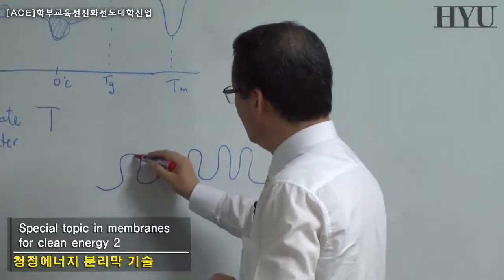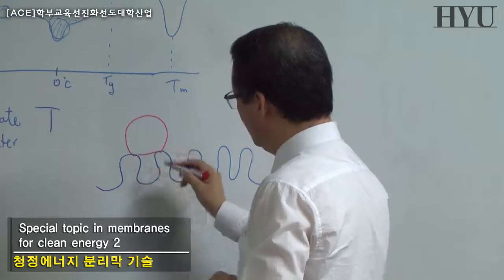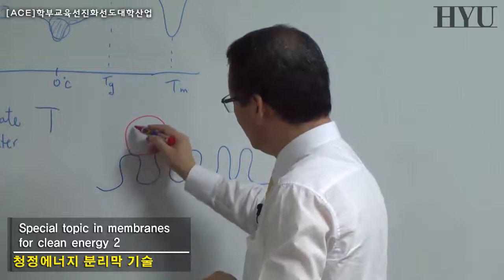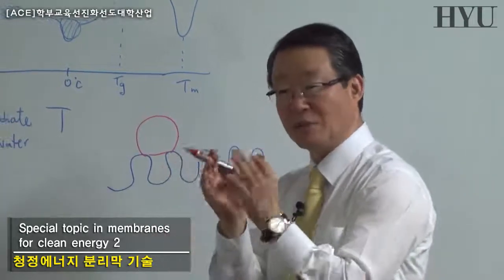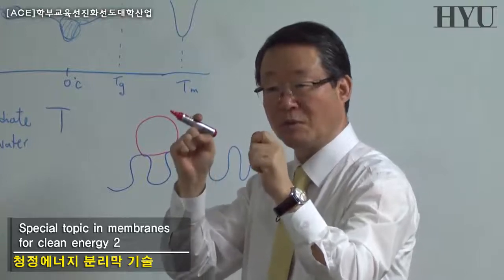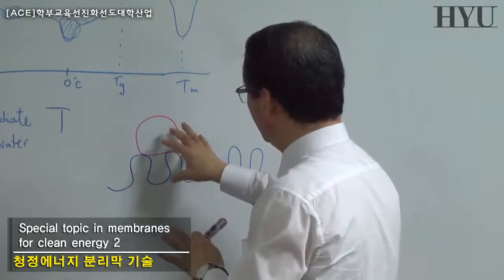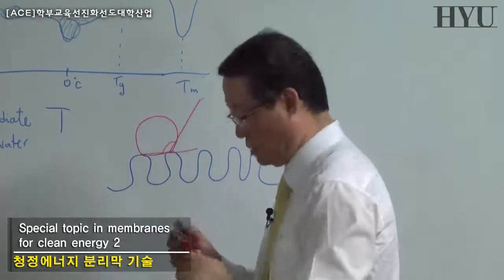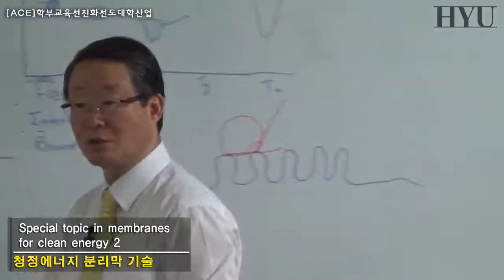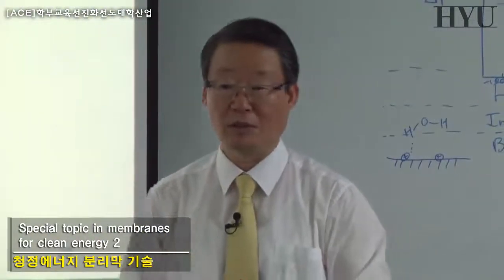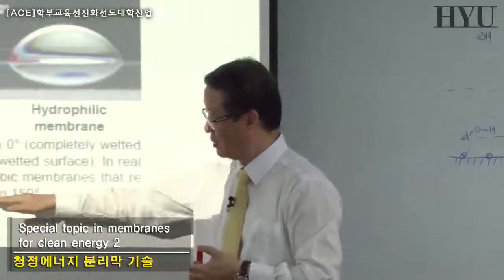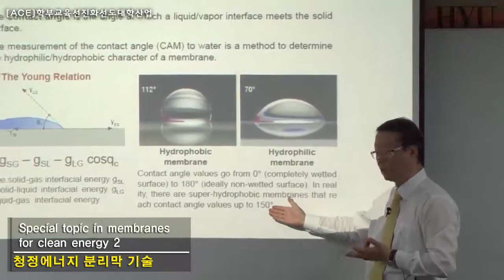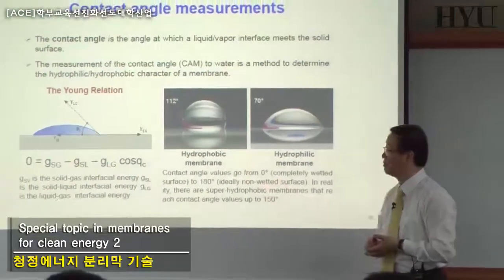The cluster is much larger than the size of the valley, so you have a water cluster sitting on top of two or three mountains, so that the contact angle between the water and the surface of the lotus leaf is above 150 degrees. So that's regarded as superhydrophobic, and the criterion is that a contact angle above 150 degrees is called superhydrophobic.